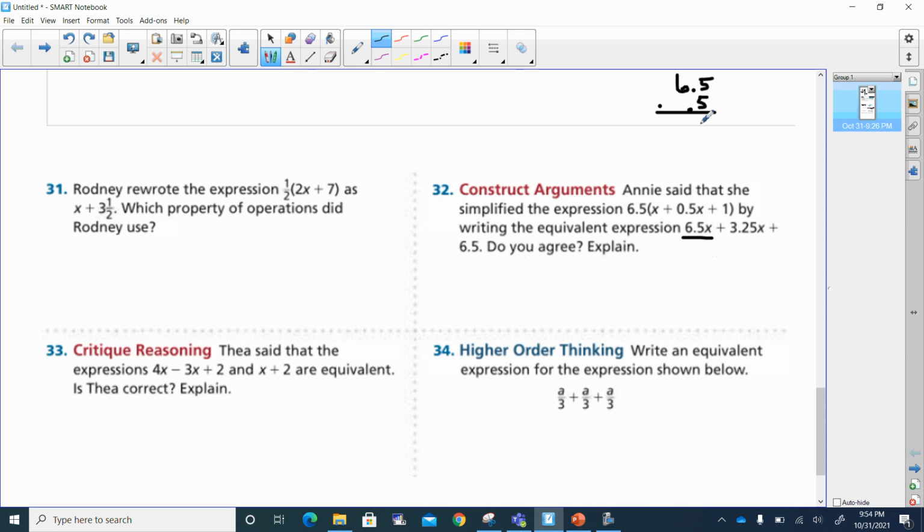Well, 5 times 5 is 25. 6 times 5 is 30, plus 2 is 32. And we have 2 decimal places, one here and one here to deal with. So I have to move this back twice, and there we would get 3.25, and since it ends in x, that would be an x as well. All right, so that adds up, and now 6.5 times 1 gives us 6.5. So yes, I will agree.